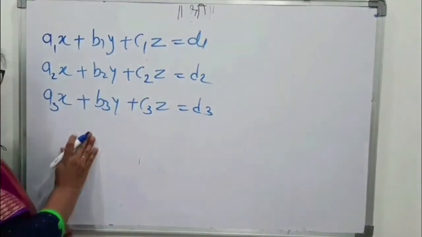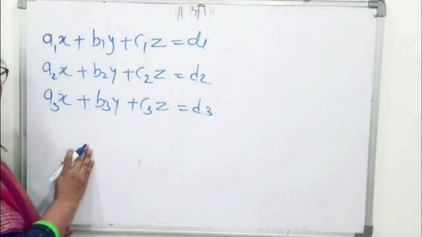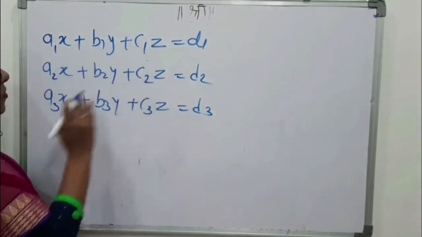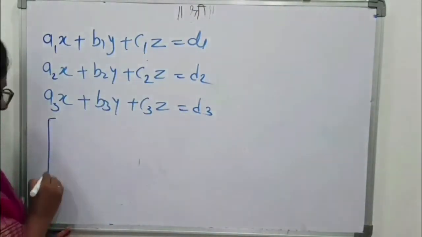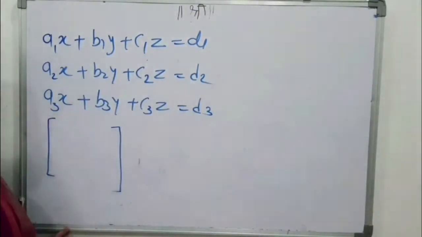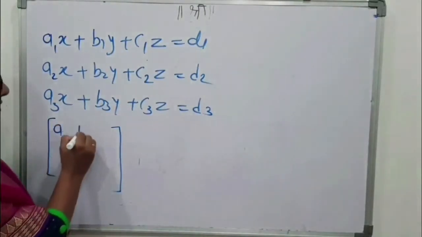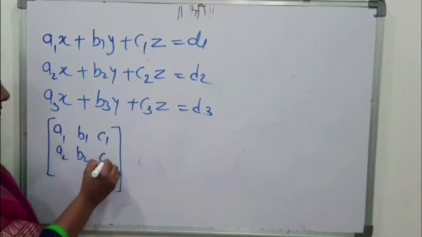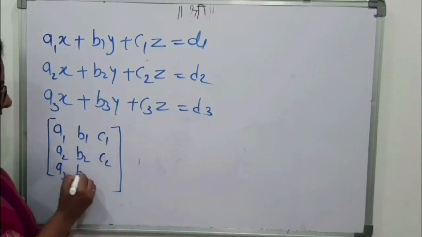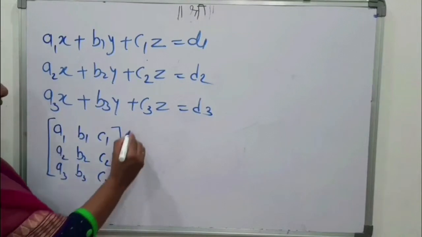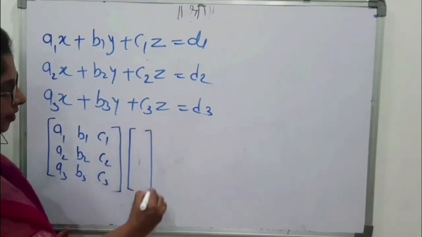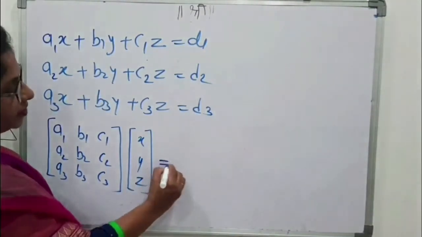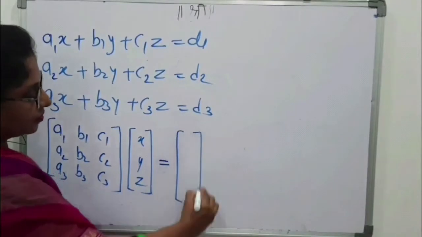Now we have to convert these equations into matrix form. First we will collect all the coefficients of x, y, z as a matrix of order 3 by 3, meaning a1, b1, c1, a2, b2, c2, a3, b3, c3. Then the matrix of variables x, y, z equals the matrix of constants.